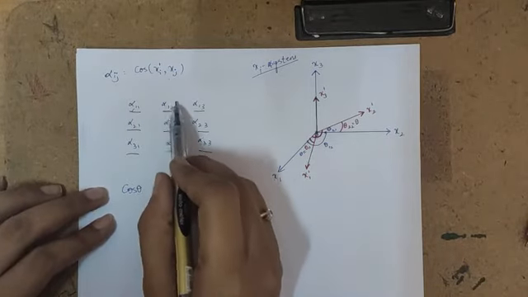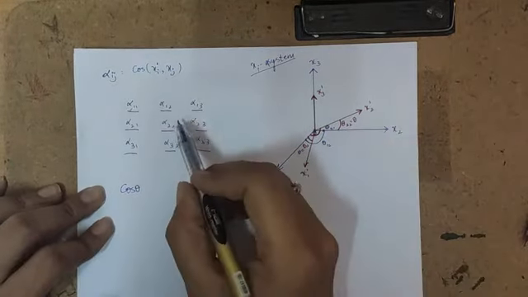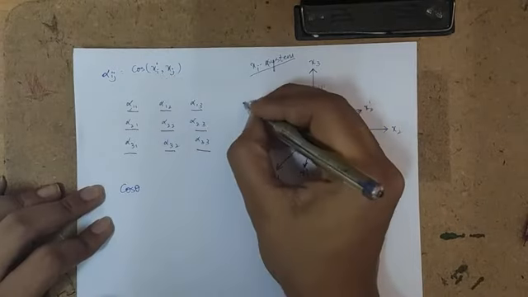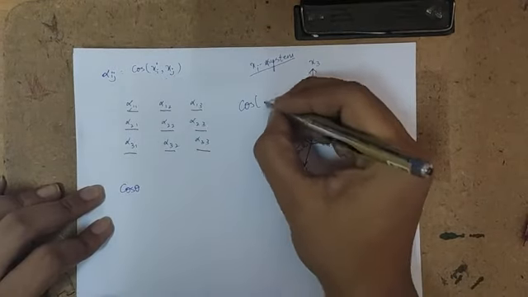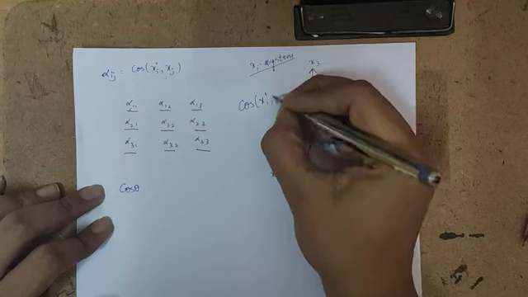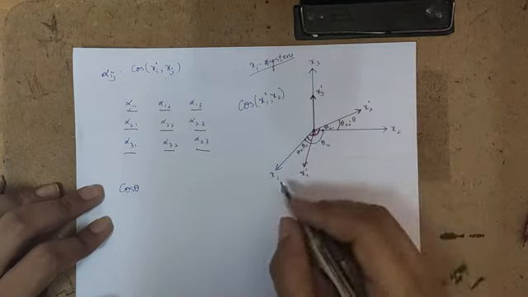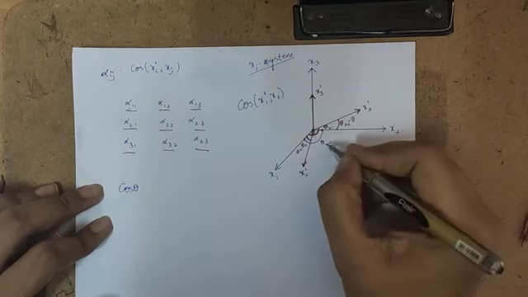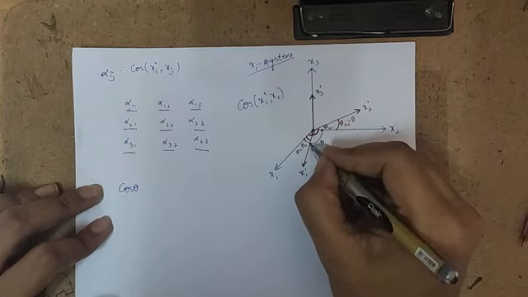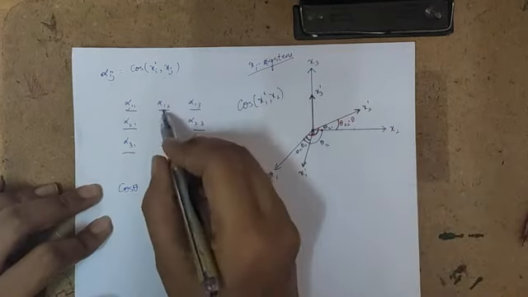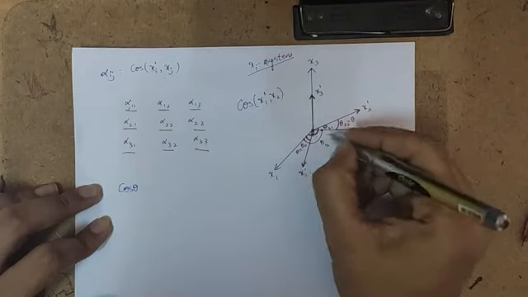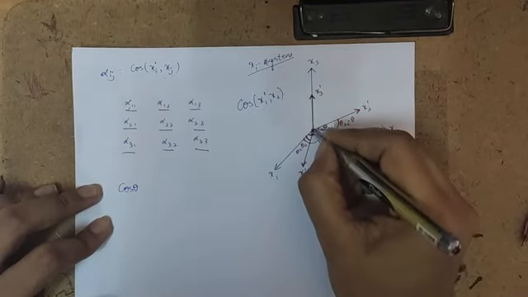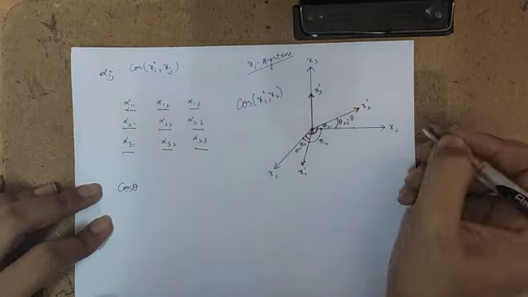Next is alpha 12, that is nothing but cos of x1 prime comma x2. So this is x1 prime, this is x2, and the angle between x1 prime and x2 is alpha 12. So here you can observe it is cos of 90 plus theta.